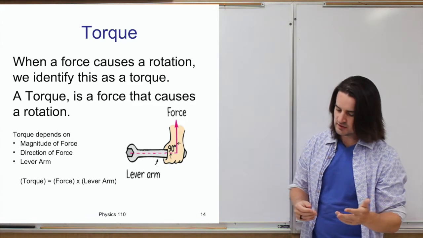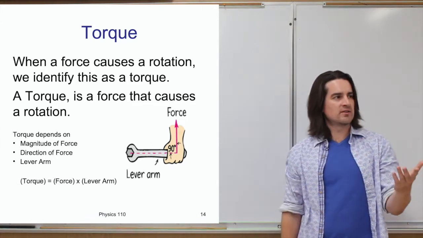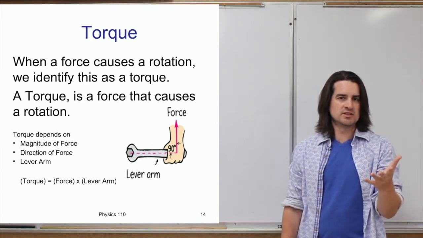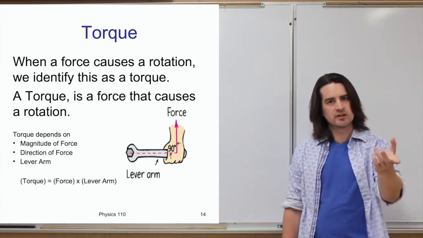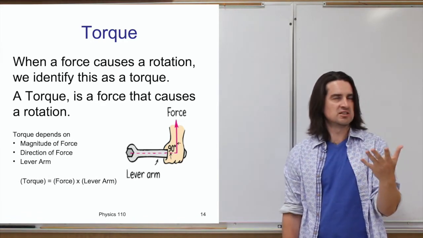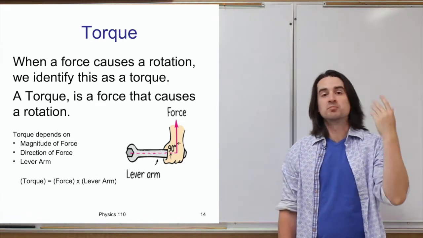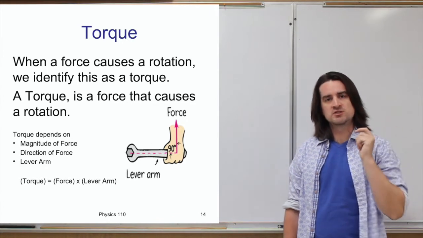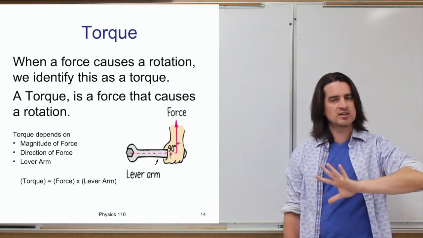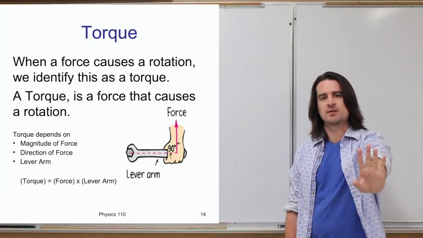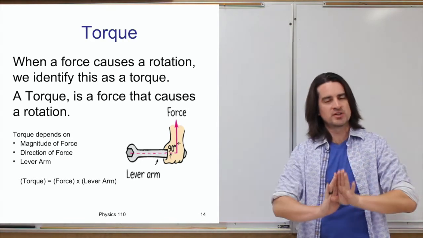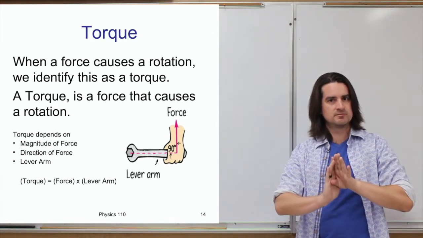Well, if you think back to just our regular linear motion, why does an object accelerate, or why does it get moving? Well, Newton's second law implies that it takes a force to get an object moving. I have to apply a force. If an object's at rest, I can apply a force and get that object moving. Or if it's already moving, I can apply a force and bring that object to a stop.